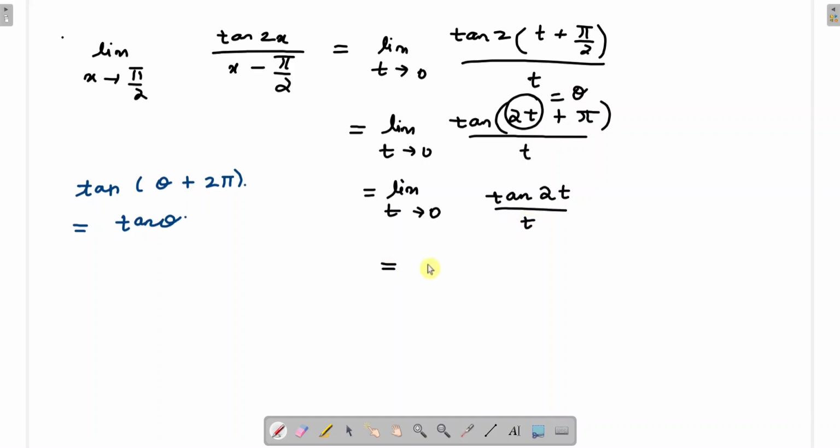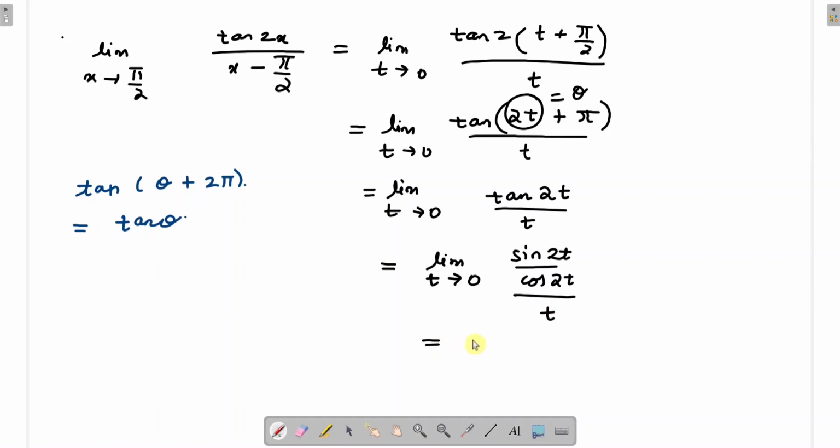Okay, so this will imply limit t tends to 0, and tan 2t we can first write as sin 2t divided by cos of 2t, right? You can write it like this, sin 2t divided by cos 2t divided by t.